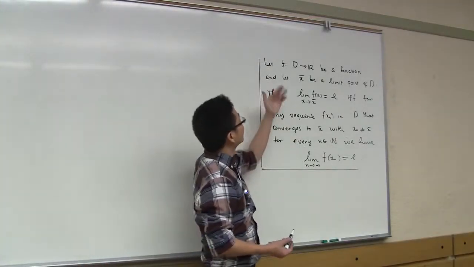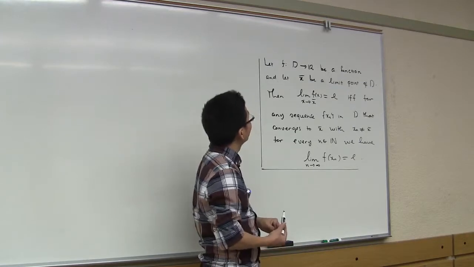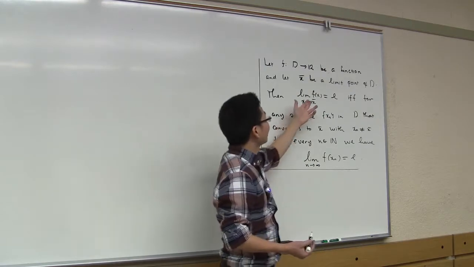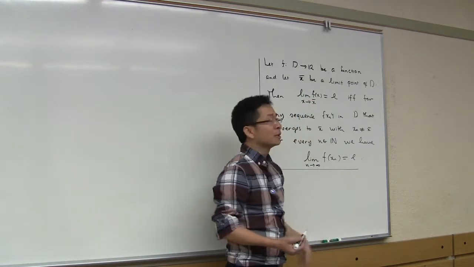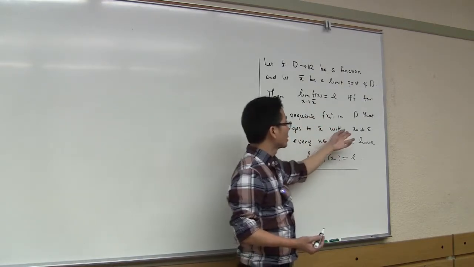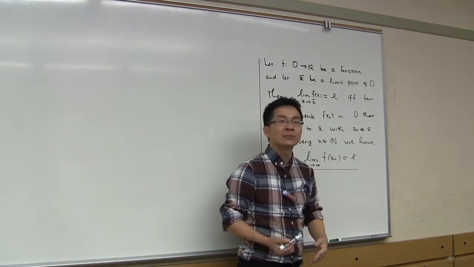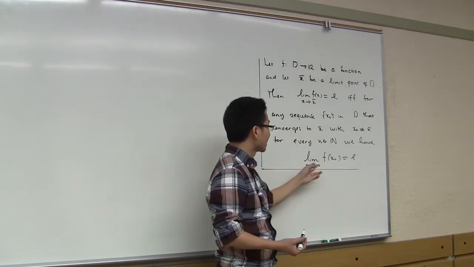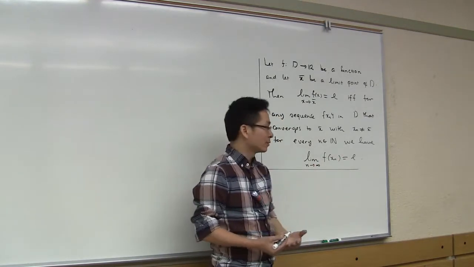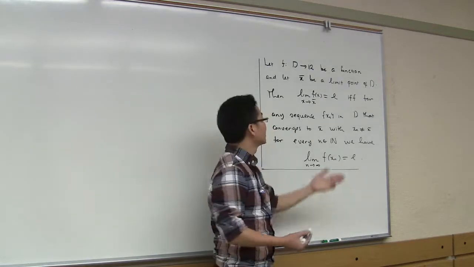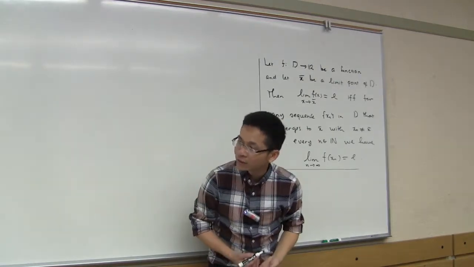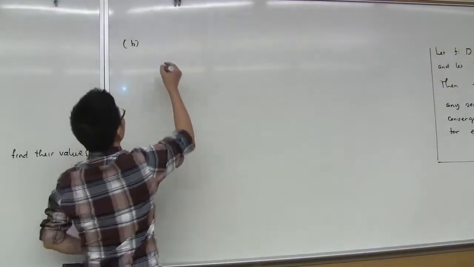Recall that let f be a function from D to R, and let x bar be a limit point of the domain D. Then the limit of f of x as x approaches x bar is equal to L if for any sequence xn in D converging to x bar with the condition that xn is not equal to x bar for every n in N, we have that the limit of f of xn as n approaches infinity is L. Okay, so again we are going to use this criterion for limit in order to solve the second part of the problem.